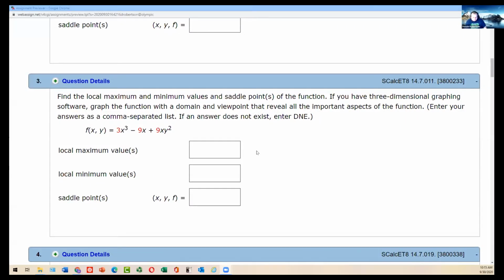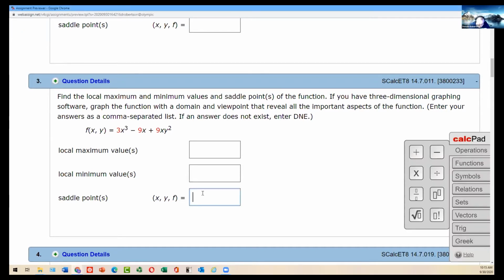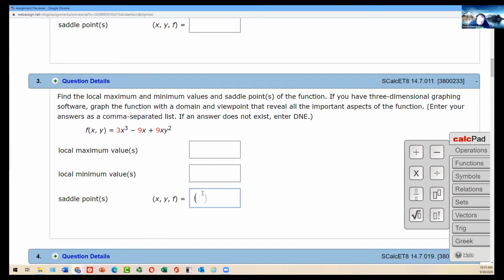Let me quickly jump to what it looks like in WebAssign. There, that's my version of the question, right? Now, we already found a saddle point, and that's at coordinates, comma, 0, comma, 1, comma, 0. So that's how you would write the answer for a saddle point.